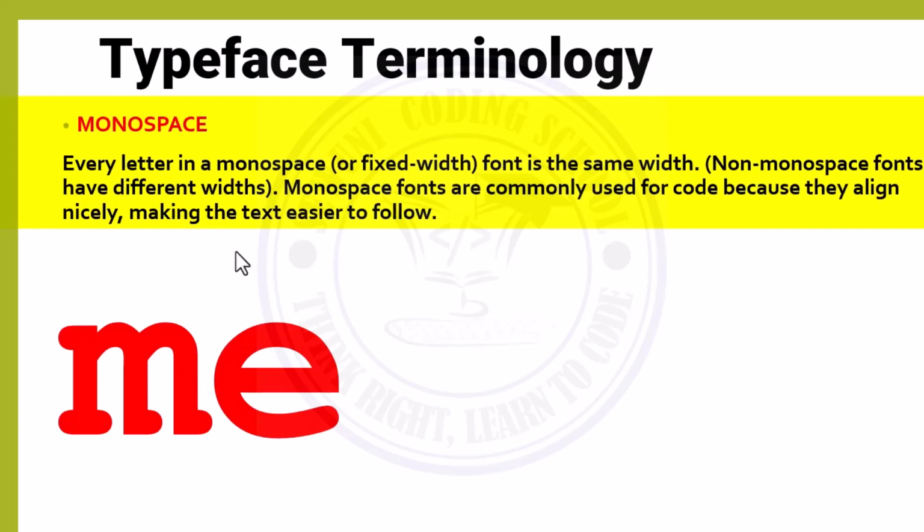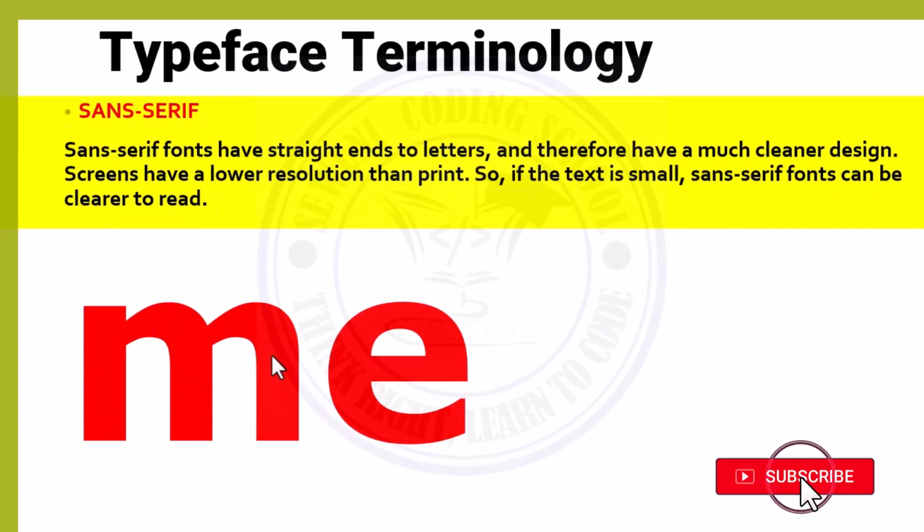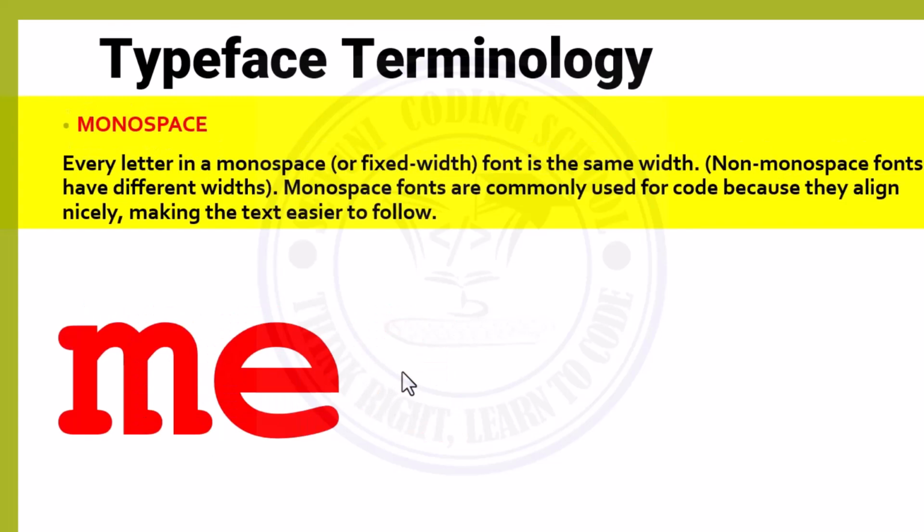The thickness of this end is the same as the thickness of this end and that of the curve here. Same with the M. Unlike this, where this side is smaller, this side is bigger, and it doesn't have the same width. But if you check this, all the width is the same. That is for the monospace.